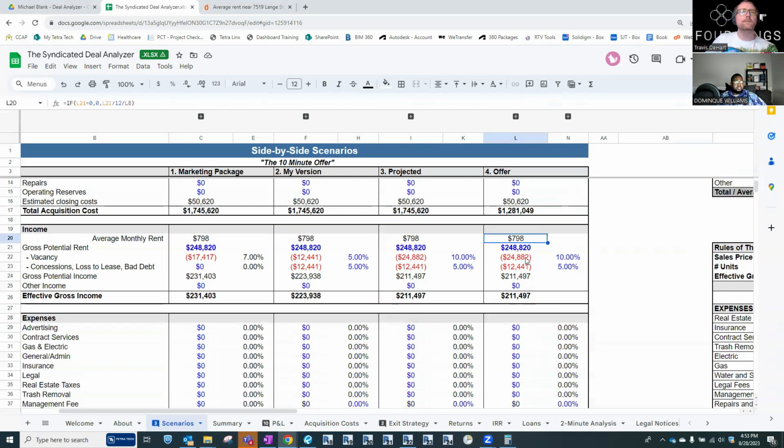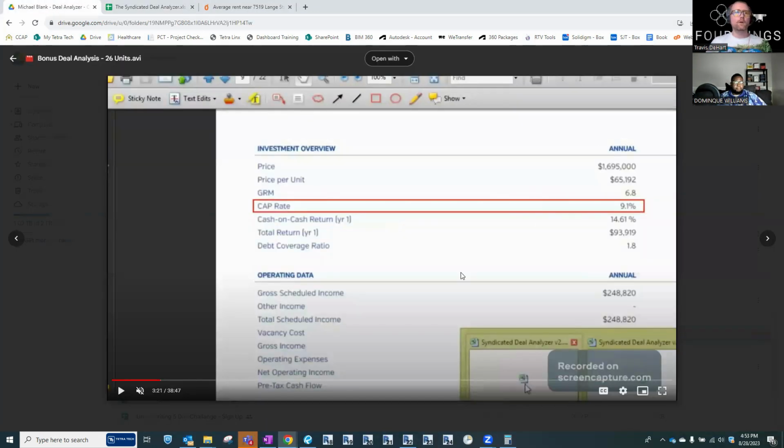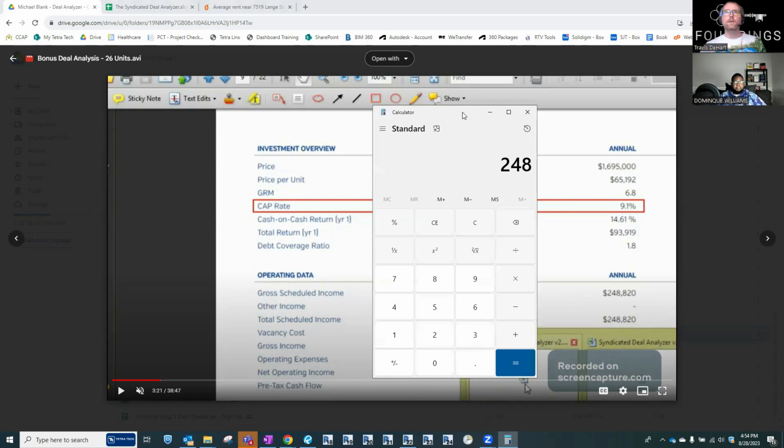Yeah, so right here it shows the average monthly rent, and the average monthly rent based on that marketing package, that's the number that they gave us, was $248,820 a year according to the marketing package for that deal, gross scheduled income. So they're making that much money off of that property. $248,820 is how much they collected for all 26 units for that year.